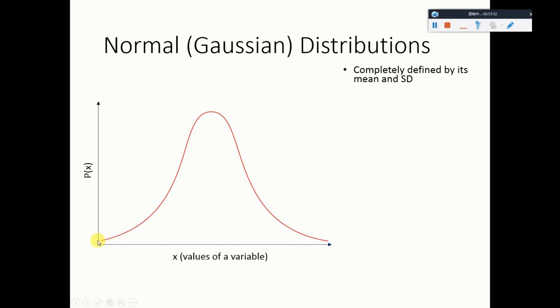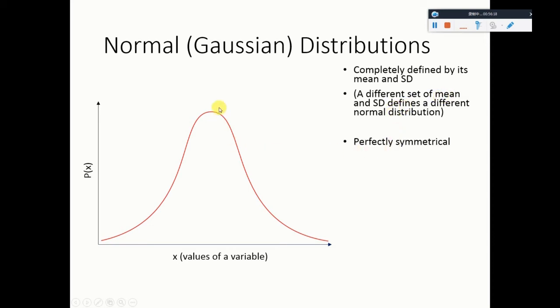It might be a little wider, or shifted to the right or to the left, but once we know these two values, we can determine exactly what it looks like. That means there is more than one normal distribution, and each of them is described by a different set of mean and standard deviation.